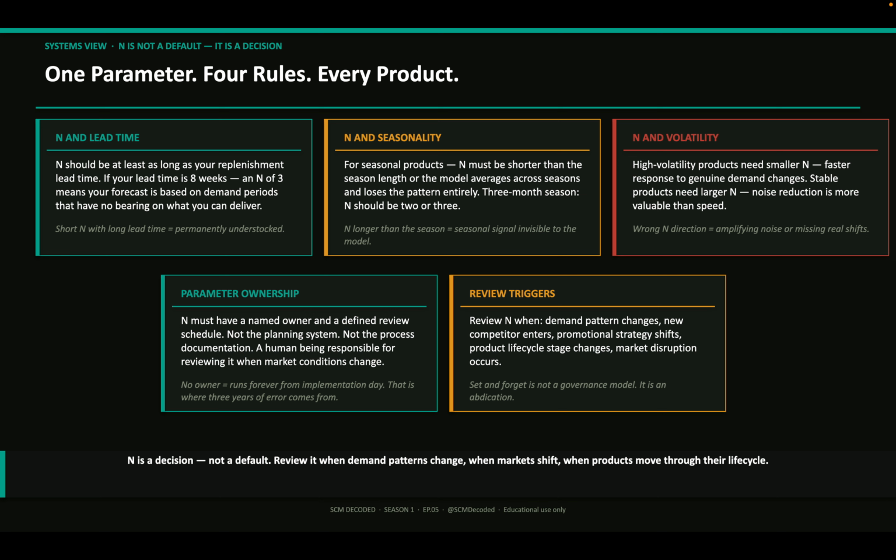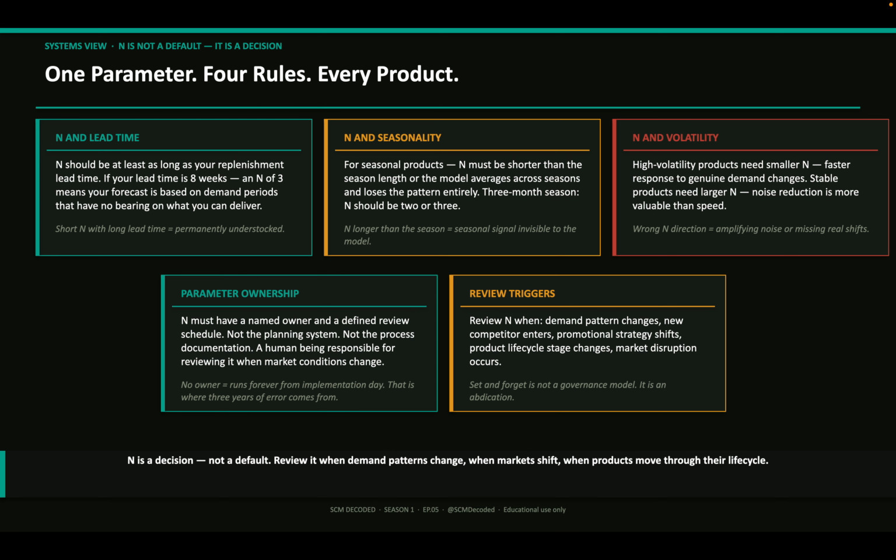Neither belief is universally correct. Both are correct for specific products in specific market conditions. And the product's situation changes. A new competitor, a promotional strategy shift, a market disruption, all of these change what the right N is, which means N must be reviewed when those changes happen.